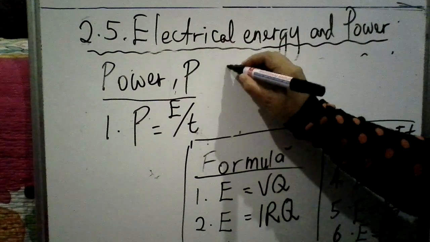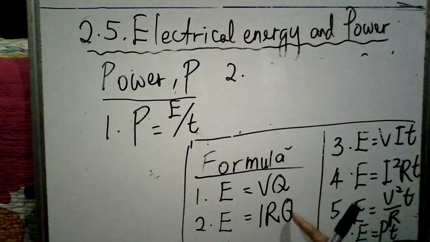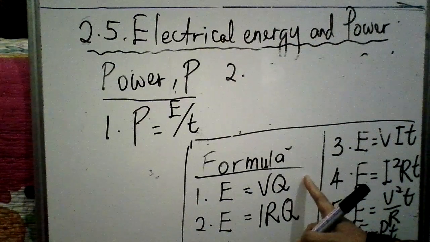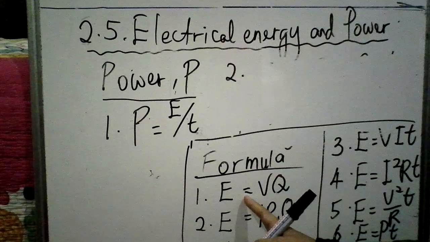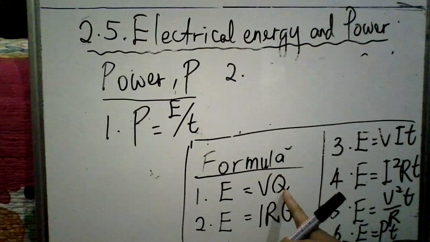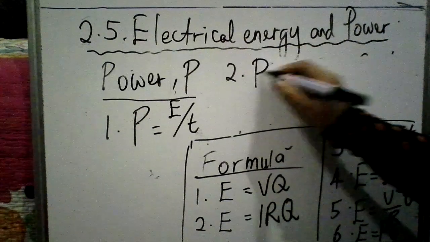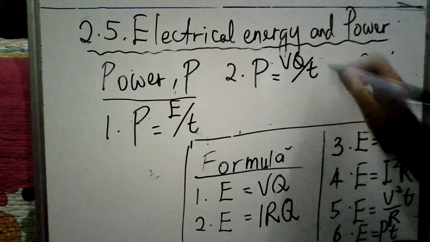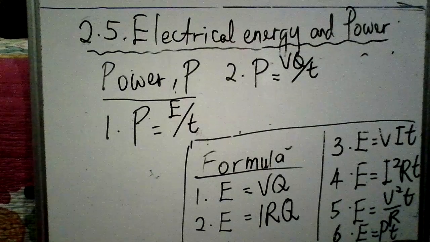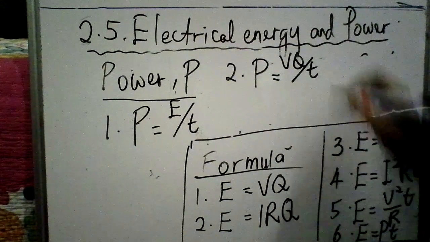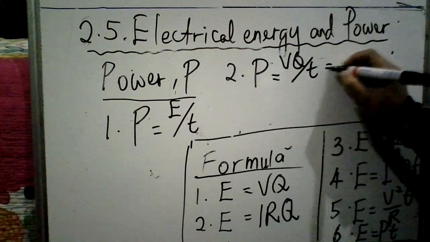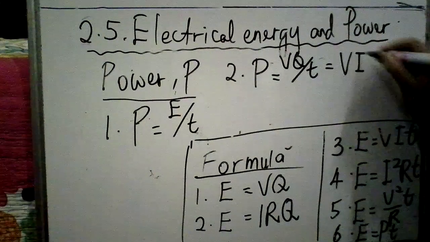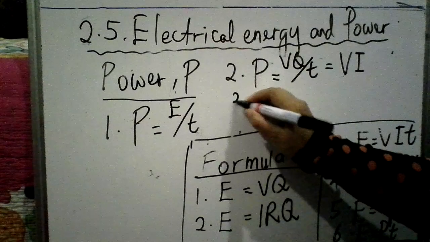To produce the second formula, we can go to the electrical energy formulas here. The first one, E equals VQ. So meaning we can get P equals VQ divided by T. Q divided by T is I. So meaning we can get P equals VI.